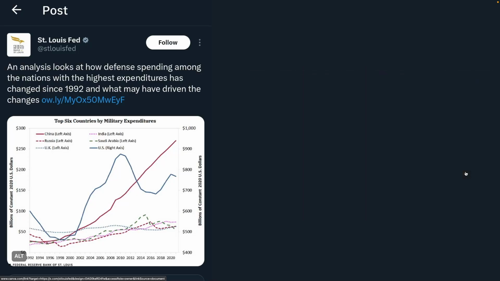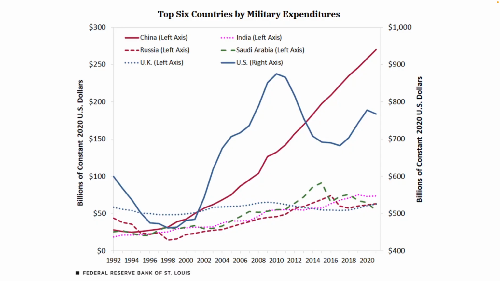All right, so let's get a closer look at this. Here's a larger version of this chart. As you can see, we have India and Saudi Arabia down here at the bottom. India is the pink dotted line, and Saudi Arabia the green dashes.